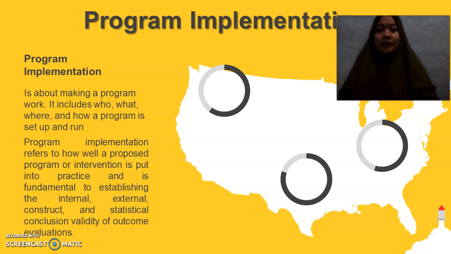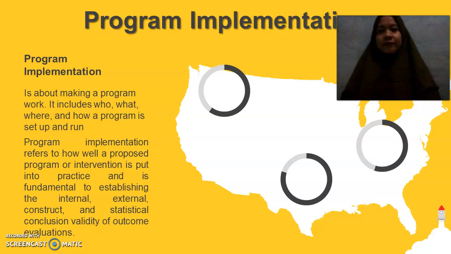Next, the program implementation. Program implementation is about making a program work. It includes who, what, where, and how a program is set up and run. Program implementation refers to how well a proposed program or intervention is put into practice and is fundamental to establishing the internal, external, construct, and statistical conclusion validity about camp evaluations.